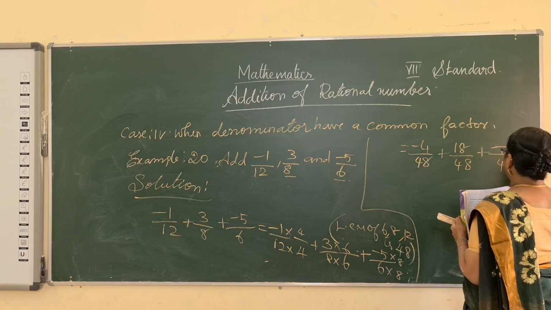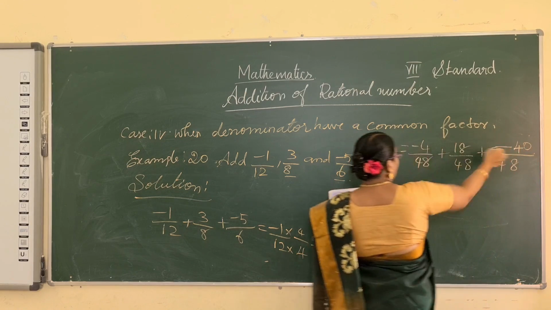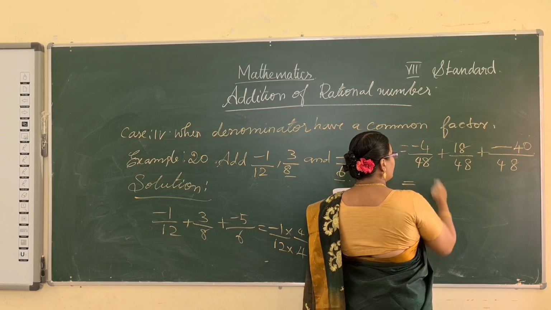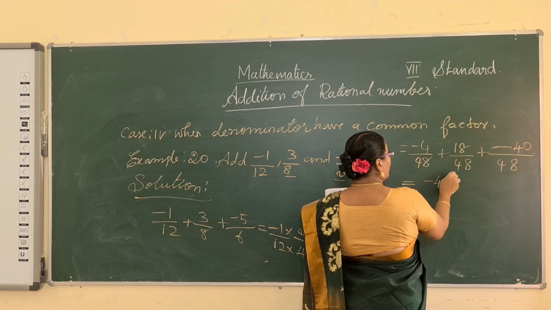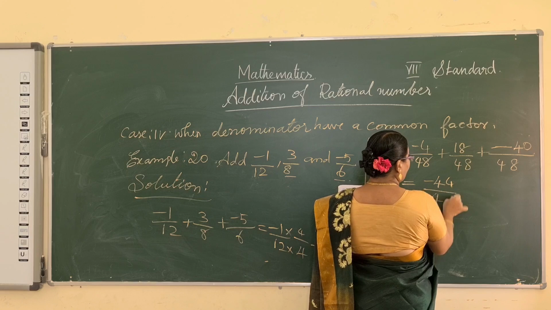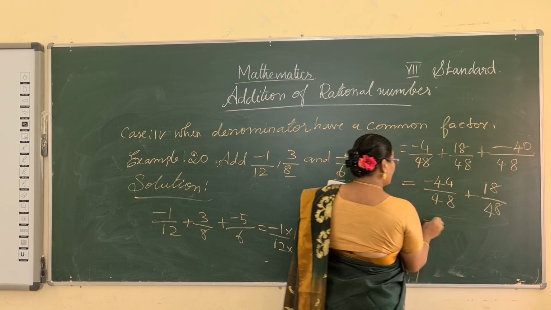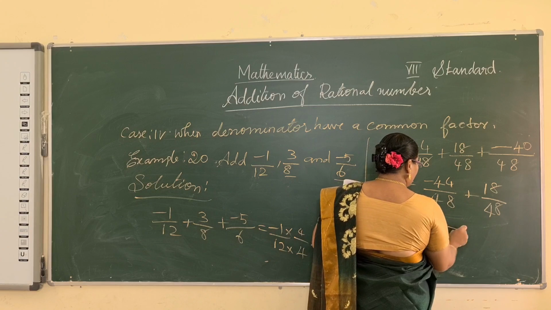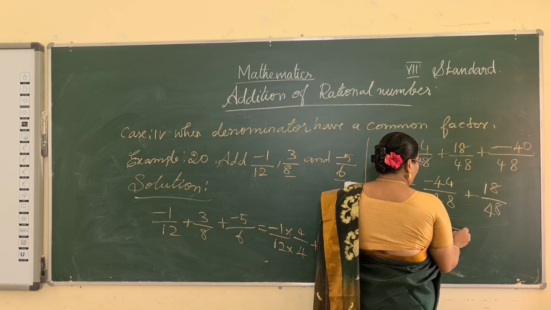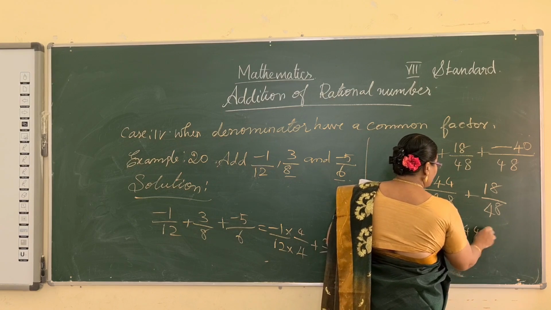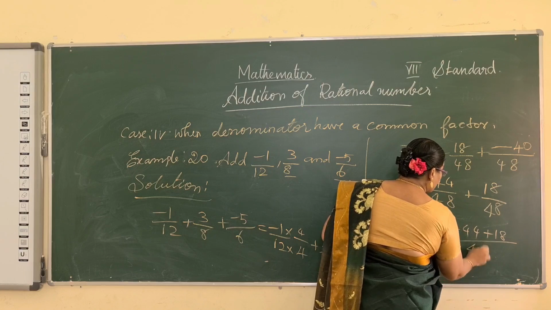by 48. These are like terms, so add and put the same sign. So minus 44 by 48 plus 18 by 48. Now the denominators are the same, add the numerators: minus 44 plus 18 by 48.